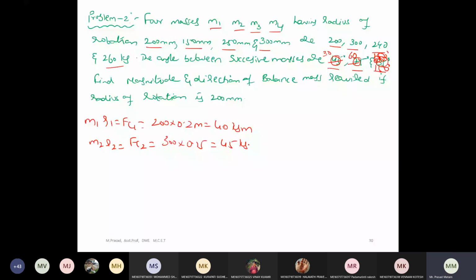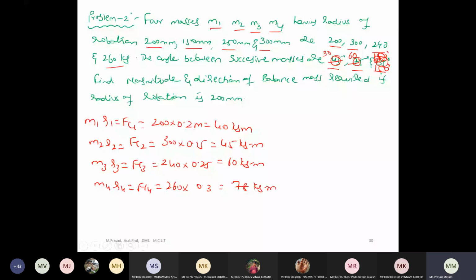Same procedure, only numericals may change in the exam. Fc3, that is 240 into 0.25, which comes around 60 kg meter. And next force is m4 r4, Fc4, that comes around 260 into 0.3 meter, that is 78 kg meter. Solve the problem analytically as well as graphically.